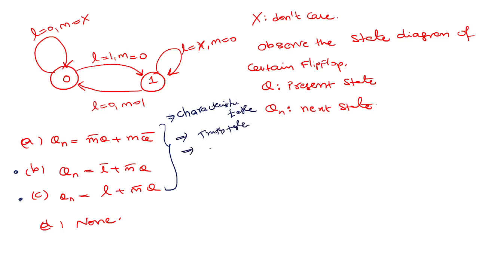Then you have characteristic equation. Then you have state diagram. Then you have something called excitation table. Again, all these things in detail we have discussed, so please go back and check it out. So you need to obtain this characteristic equation from this excitation table. That's very much easy actually.